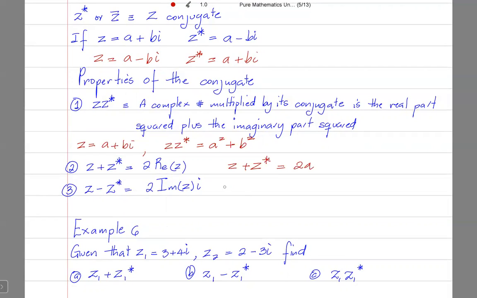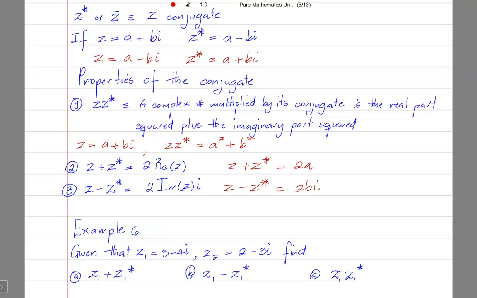And Z minus Z conjugate would be equal to 2 times the imaginary part times i, so this is going to be 2bi. It's nothing special. I personally don't consider it to be anything special. It's something that you should easily find out for yourself.